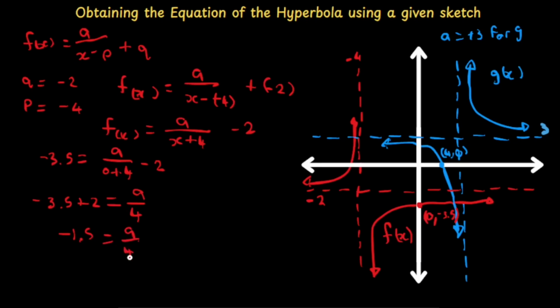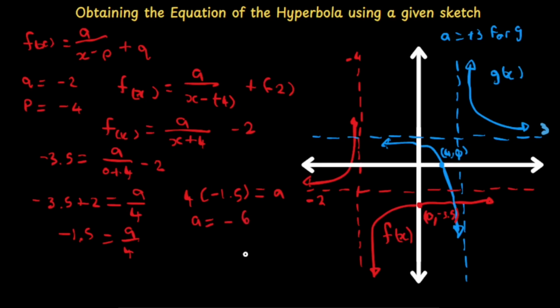I can then multiply both sides by 4. Expanding this further, I would obtain 4 times -1.5 is equal to a. And 4 times -1.5 is equal to -6. So therefore, a is equal to -6.